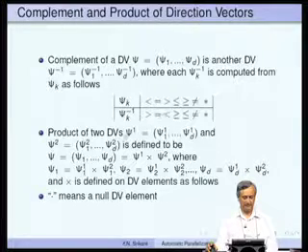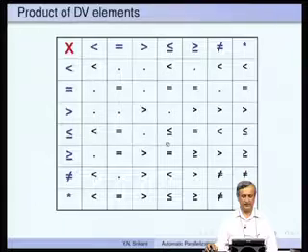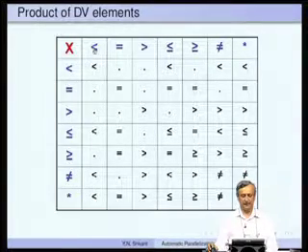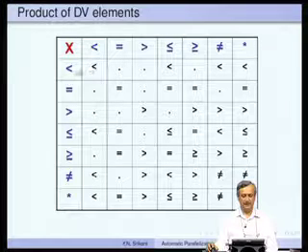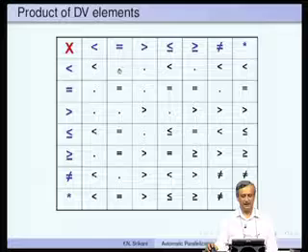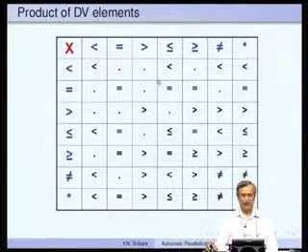And with the product, we simply take the two direction vectors psi 1 and psi 2, and take the products of the components, where the product of the components is defined in this table. So, if one of them is less than and the other one is less than, it is less than. If it is less than and equal to, it is nil, that means it is an illegal type of direction vector at this point, and so on.